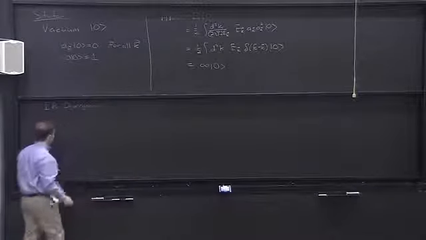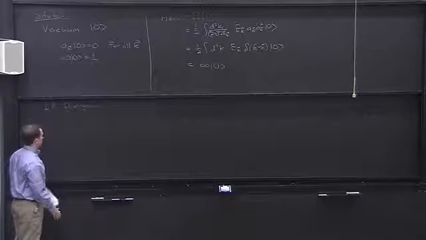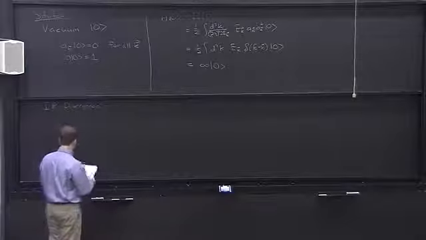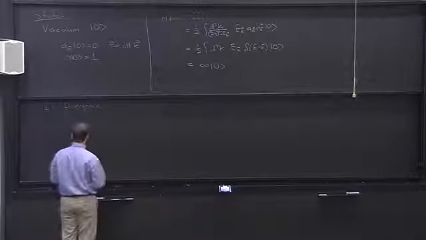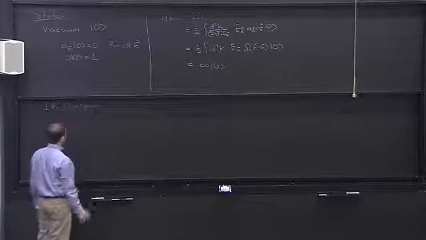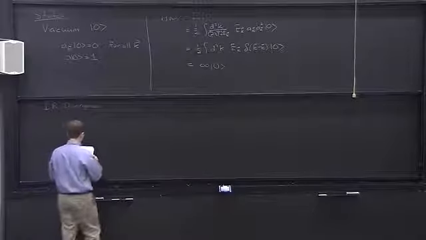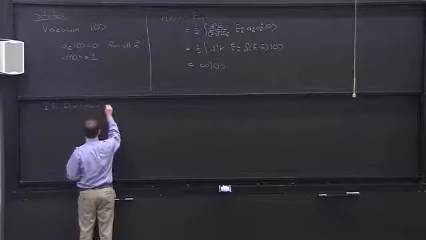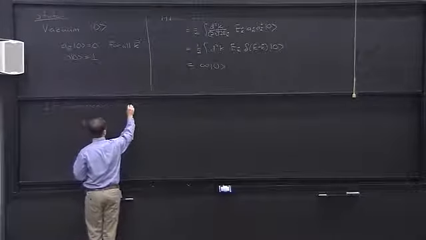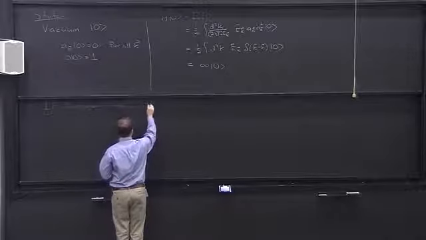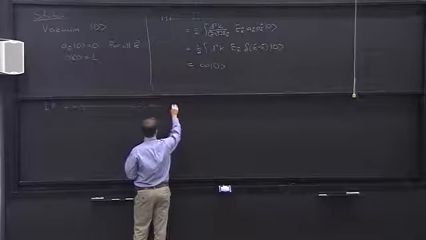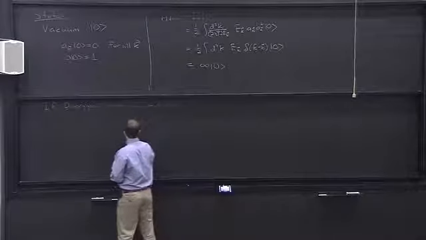IR here stands for infrared, and it means it has to do with large length scales or small energy scales. We can regulate this divergence by putting the theory in a box of size L with periodic boundary conditions, say.